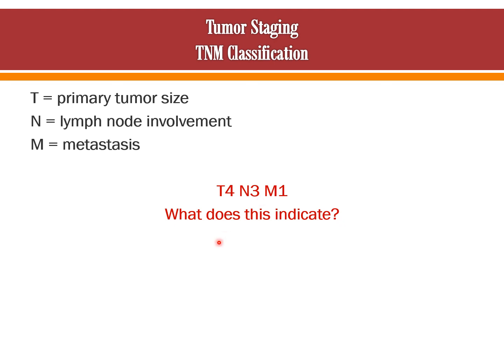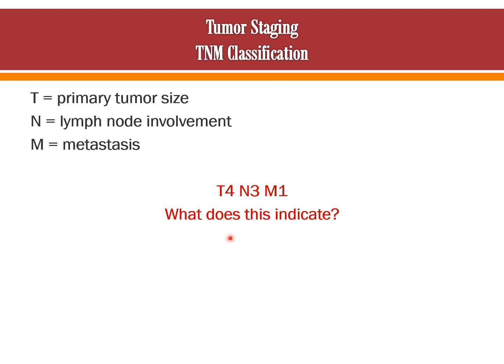So on page 335, remember you have the TNM system, right? Under the T, under the primary tumor size, there's a couple different possibilities. The patient can either be TX, T0, TIS, or T1, T2, T3, T4, right?